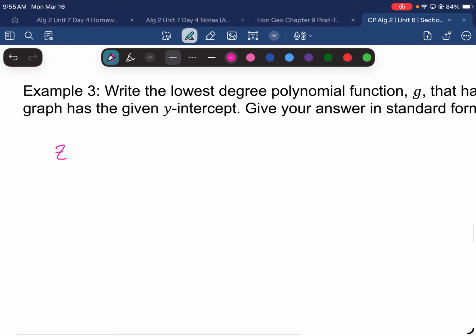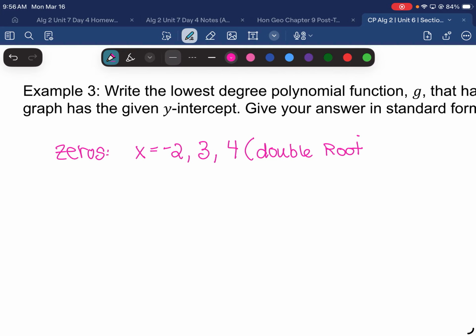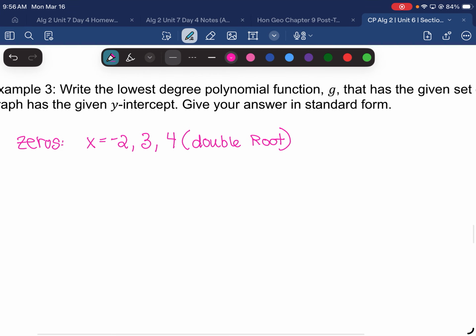Here are your zeros. The zeros are at x equals -2, 3, and 4. But 4 has a double root. And it also has a y-intercept of (0, 192).